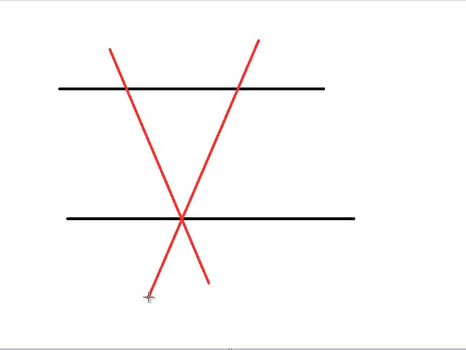So, for example, if I have something like this, and I told you, for example, that this was 2x, and this is x, let's say I told you this angle was twice as much as this angle, and for example, I told you that this was 50, let's say, you should be able to get everything else relatively easily.